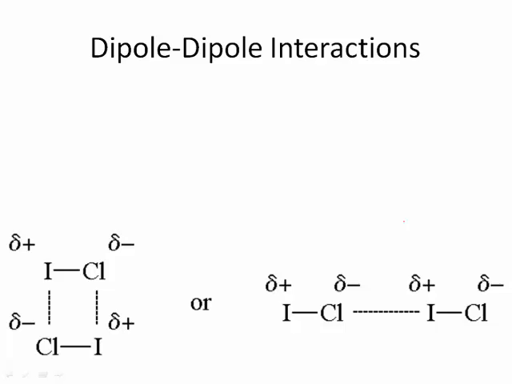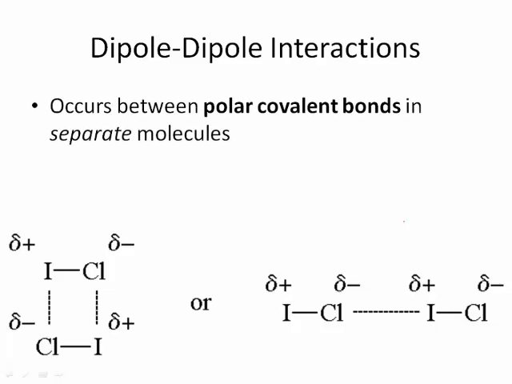Dipole-dipole interactions. We've seen bond dipoles when we were doing polar covalent bonds. So a dipole-dipole interaction occurs between polar covalent bonds in separate molecules. So if we look here at this bond between iodine and chlorine, we see that we have a polar covalent bond here.